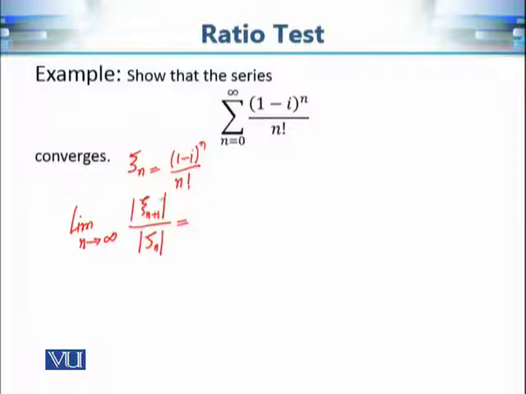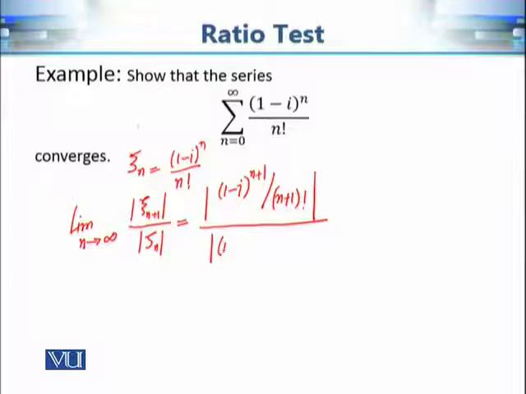Now let's write down the n plus 1 term. So the n plus 1 term is (1 minus iota) raised to power n plus 1 divided by n plus 1 factorial, and the modulus divided by the modulus of the nth term, which is (1 minus iota) raised to power n divided by n factorial. And of course we are calculating the limit as n approaches infinity.